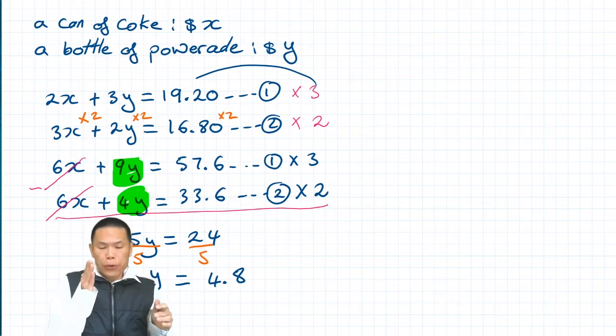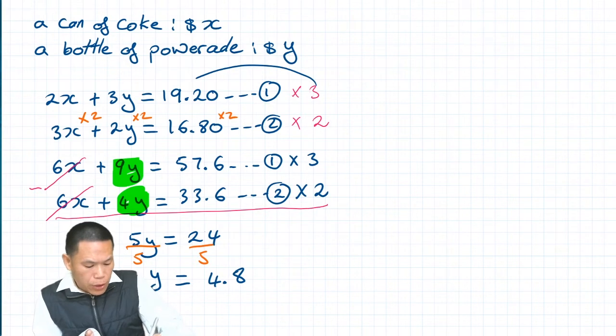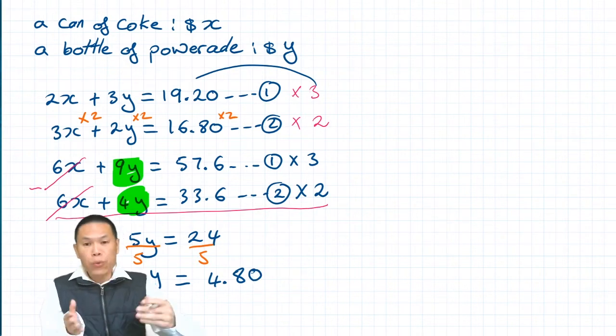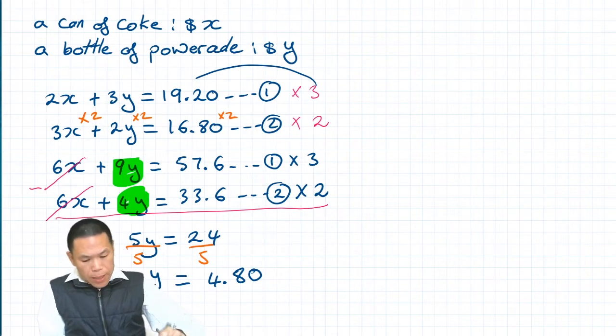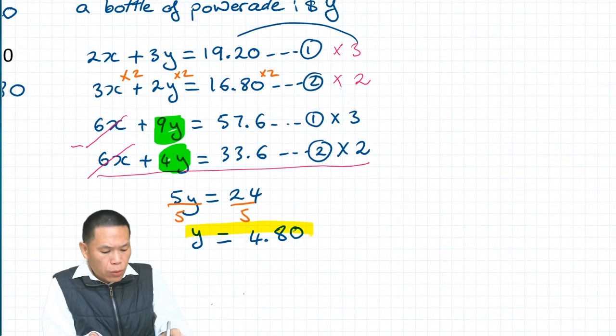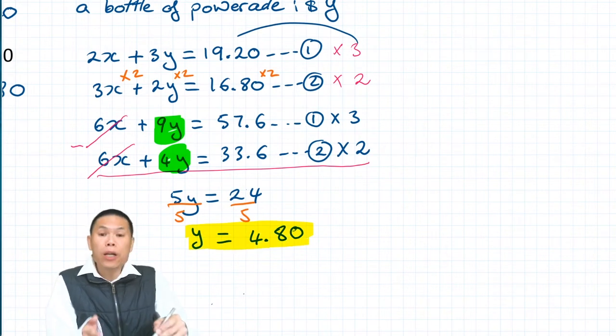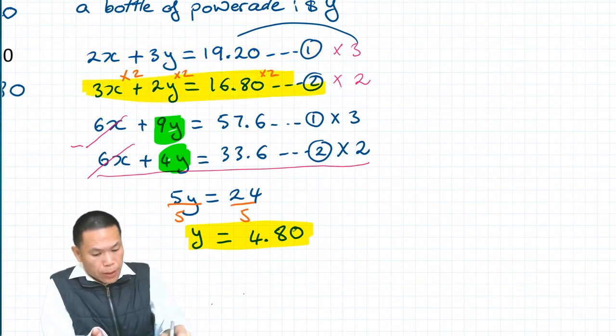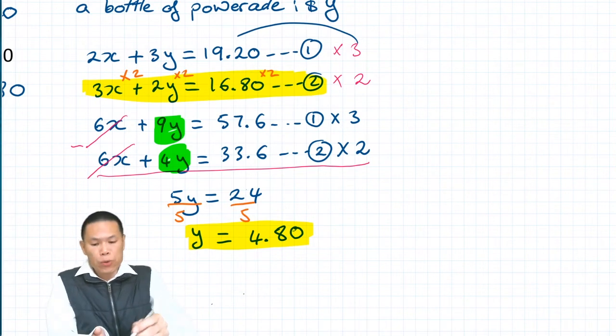Now, because this y is the cost of a Powerade, I just write it to 2 decimal places, because we're dealing with money. Now we can substitute y equals 4.80 into either the first equation or the second equation. It doesn't matter which one you like.